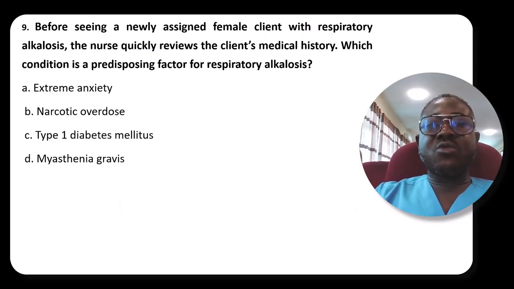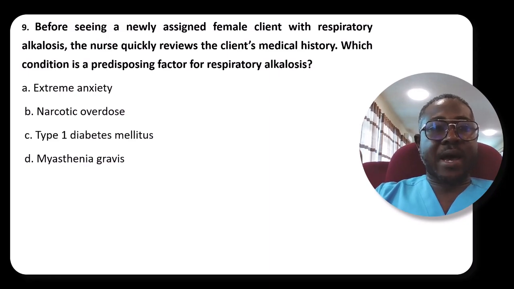Before seeing a newly assigned female client with respiratory alkalosis, the nurse quickly reviews the client's medical history. Which condition is a predisposing factor for respiratory alkalosis? A. Extreme anxiety.